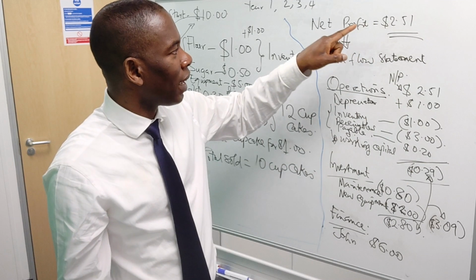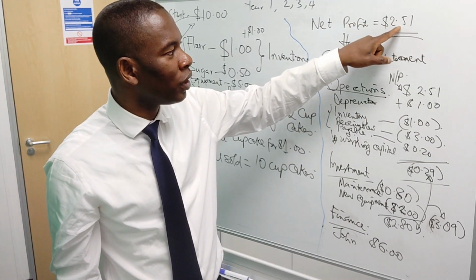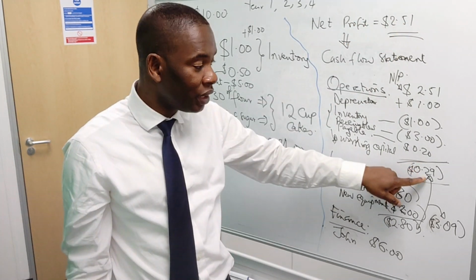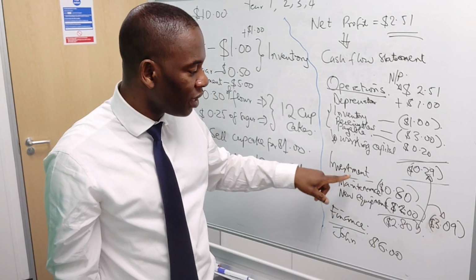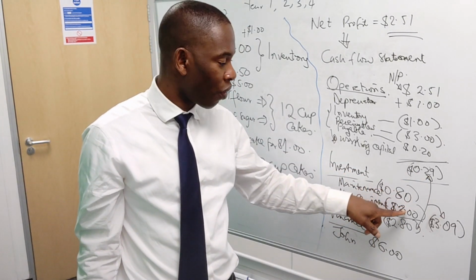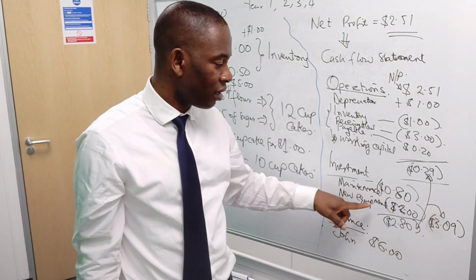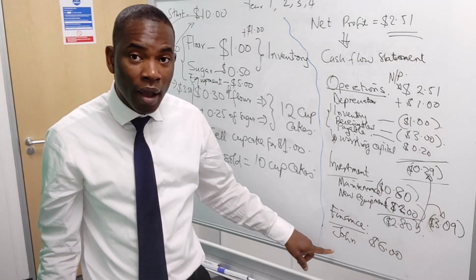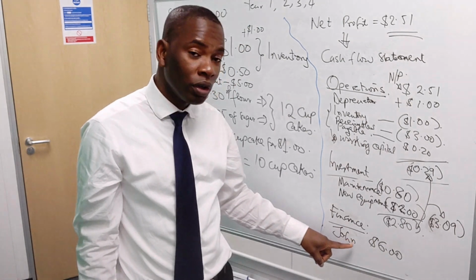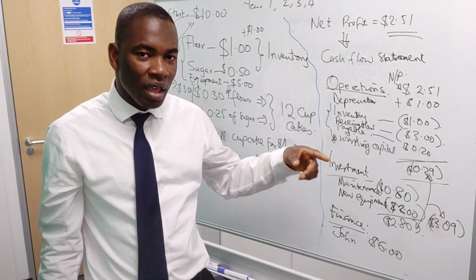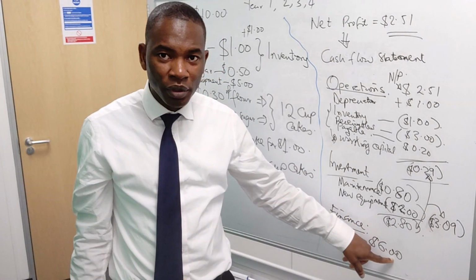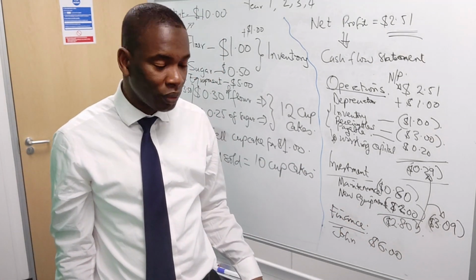Remember, here they had a net profit of $2.51, made no money, and they had to spend to invest on maintenance and new equipment. And now they are going to John to borrow $6. So if they made money, they wouldn't be coming to John to borrow.